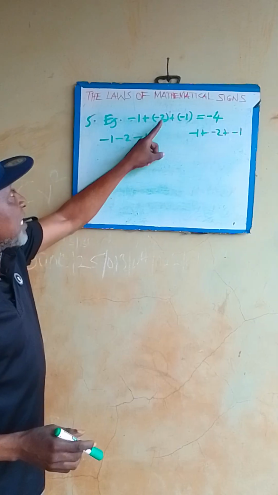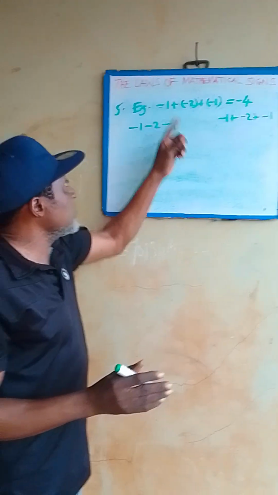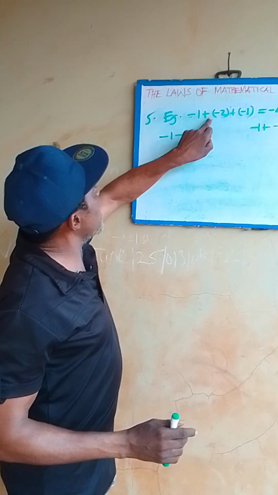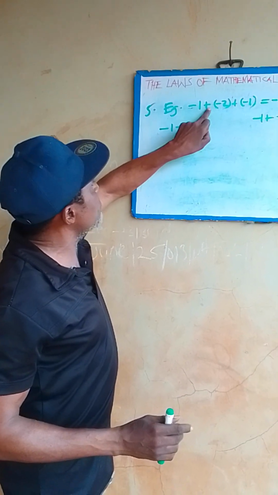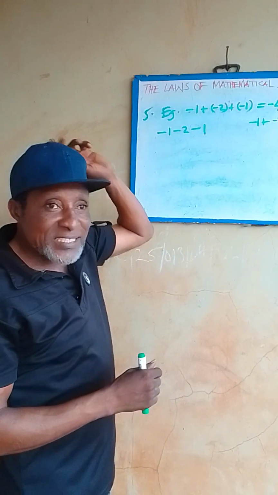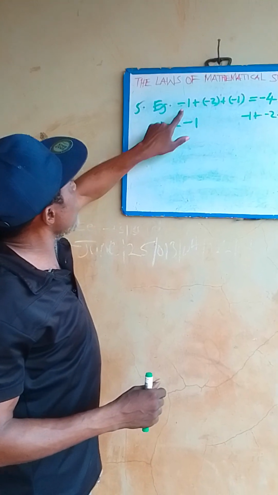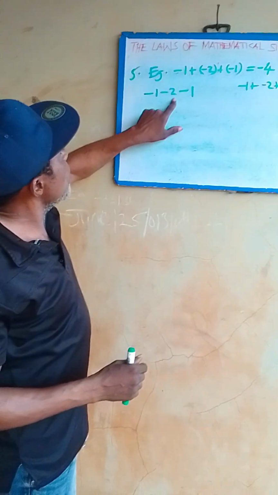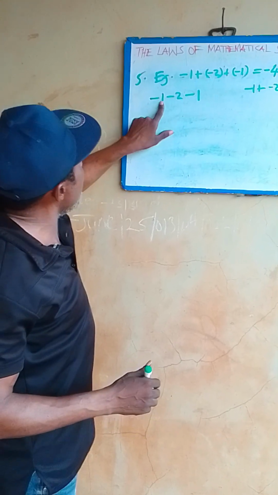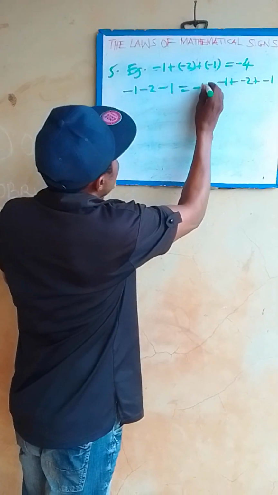When you see two brackets being separated by two signs, you multiply them out. This means plus times minus. And if you go to our second law in our last lesson, you see that plus times minus is minus. So we are going to have minus 1, minus 2, minus 1. Plus times minus is minus. So minus 1, minus 2, minus 1 is equal to minus 4.